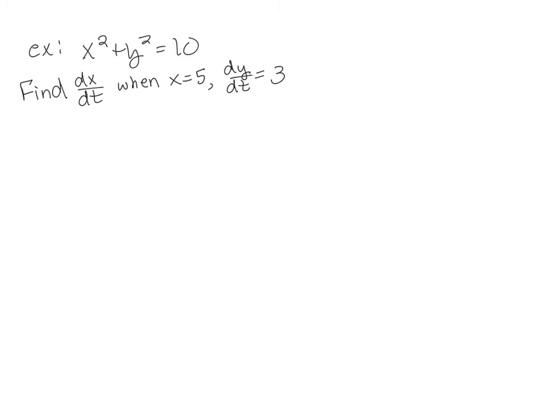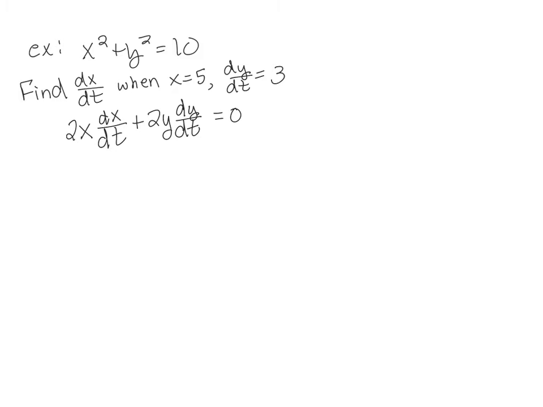So we're going to take the derivative the same as we did before, 2x, but now x is a function of time, so we chain rule, plus 2y, but y is a function of time as well, right? Because we're given the value of the derivative of y with respect to time. Equals the derivative of 10 is always 0.